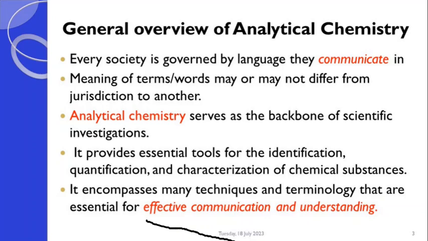It makes provision for the essential tools that would help us in identifying, quantifying, and also characterizing some chemical substance of interest. Talking about analytical chemistry here is talking about how many techniques or terminologies are very essential.